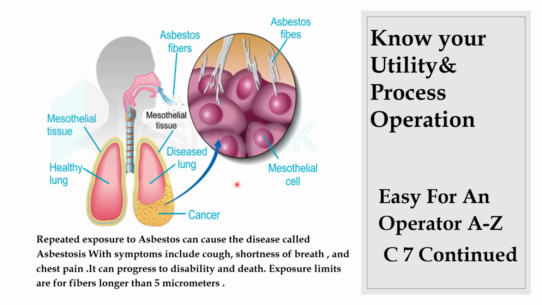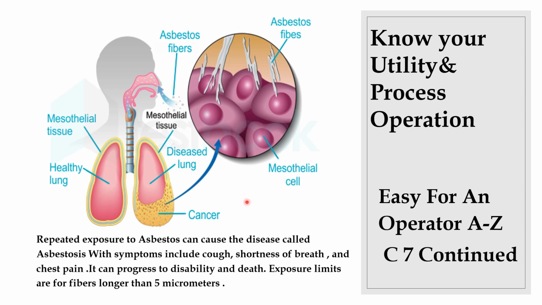Normally, insulation people will not be using the breathing apparatus or respirator. They are exposed to the asbestos. Even though different types of insulation materials are coming, you have to see the MSDS. If asbestos is used as an insulation material, then you have to advise the persons who are putting the insulation over the pipeline before issuing the permit.